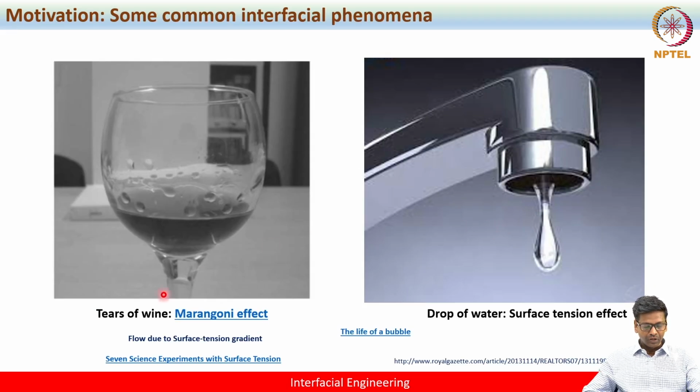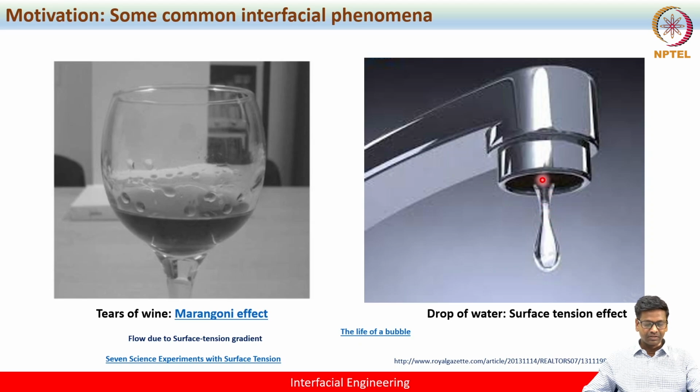One can give, the tears of wine is because of the Marangoni effect. Okay, when you stop the flow of water, there is a water drop that doesn't fall easily. It's because of the surface tension effect. Once the droplet grows in size and gravity becomes dominant, it overcomes the surface tension force, and then the droplet falls down.